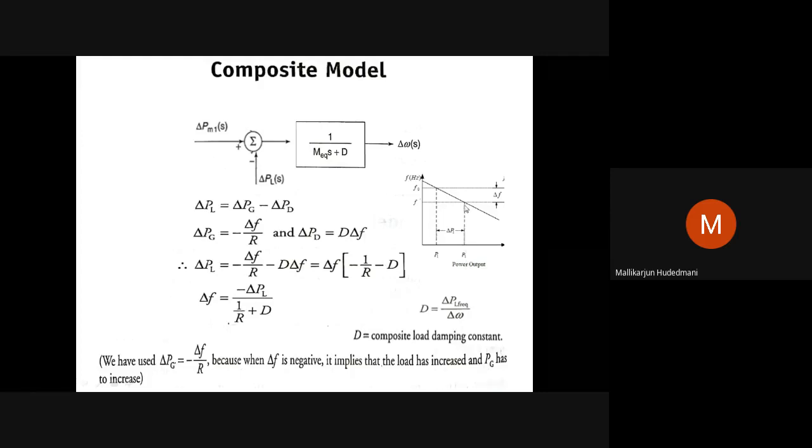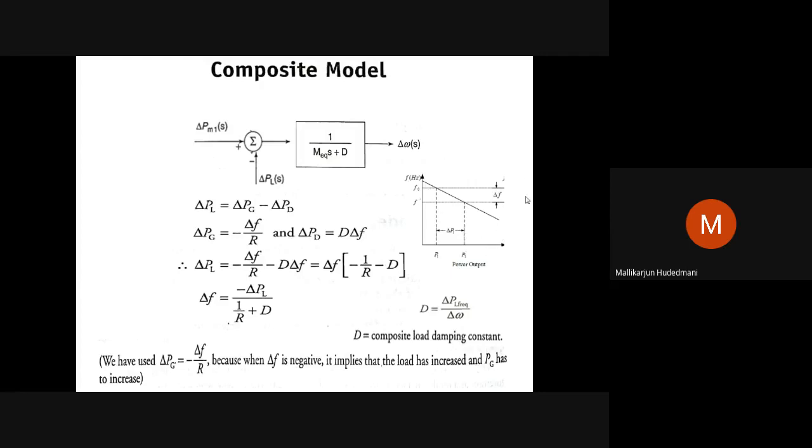For this P1 dash, the sudden jump in power requirement is delta P1. We can see here delta P1 is the shift in demand from base P1, because in steady state it was delivering equally and appropriately at F naught frequency. Suddenly the demand made it suffer. Generation has to cope up by delta P1 extra.